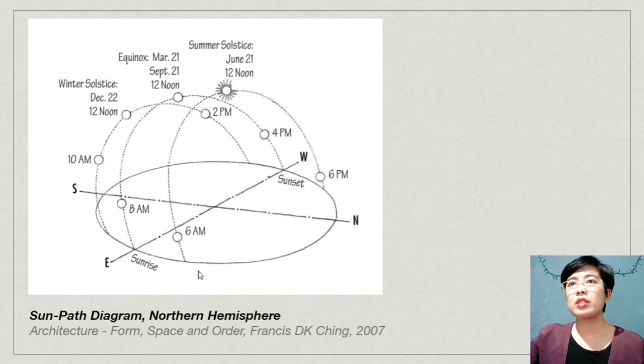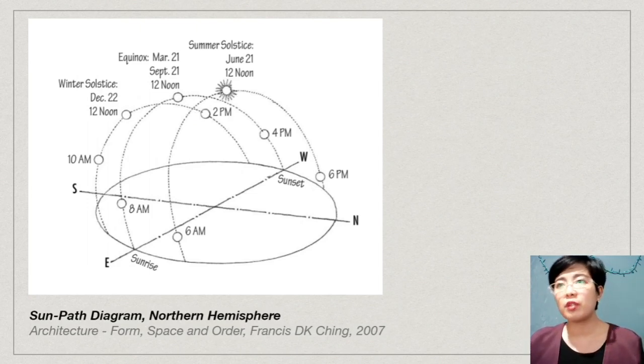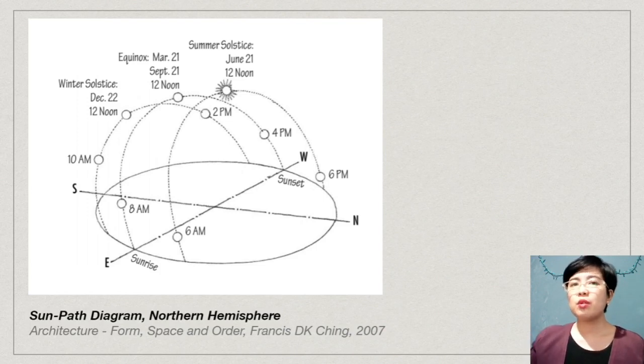And then, tuwing summer solstice, parang mas mataas yung tirik ng araw. So that has something to do with the tilt of the axis of Earth and yung rotation. So yun yung mga factors that explains itong diagram na ito. So this is what you can expect every year. And ganyan yung magiging trend.